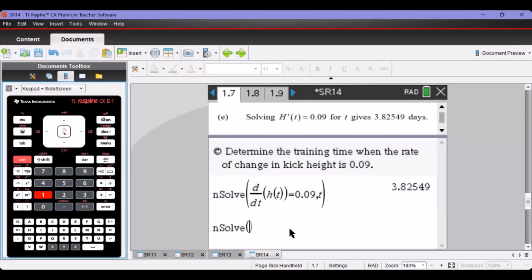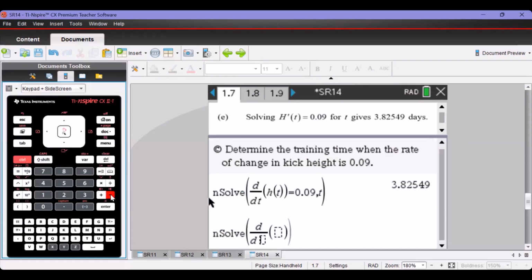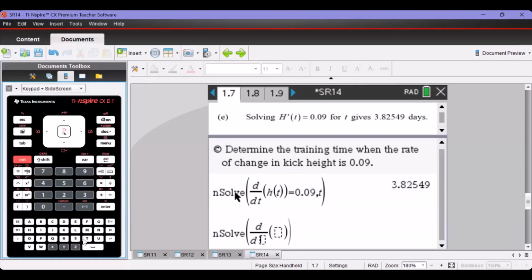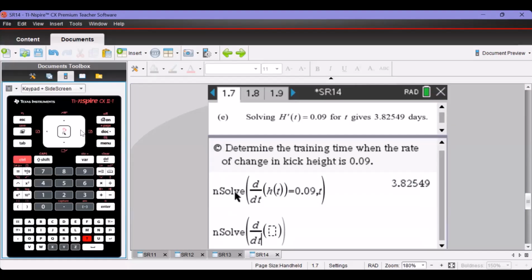Now, we need to key in d dt of h of t. And the best way to do that, I think, is if we press shift minus, which is the shortcut. You could also go to the catalog, press 5 for symbols template, and there's the derivative template there. So I'm going to press escape. Type in t here, for the independent variable, navigation pad to the right, and then key in h of t.